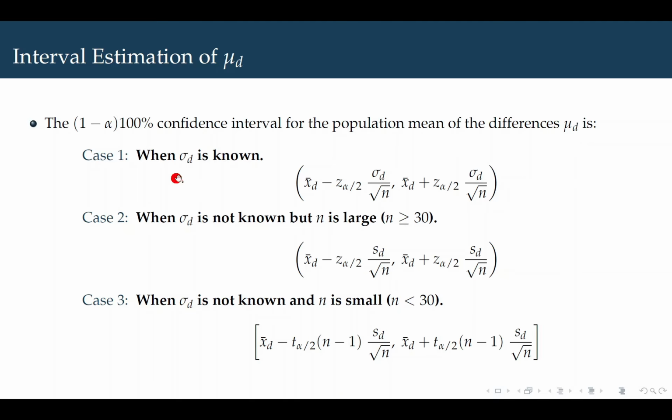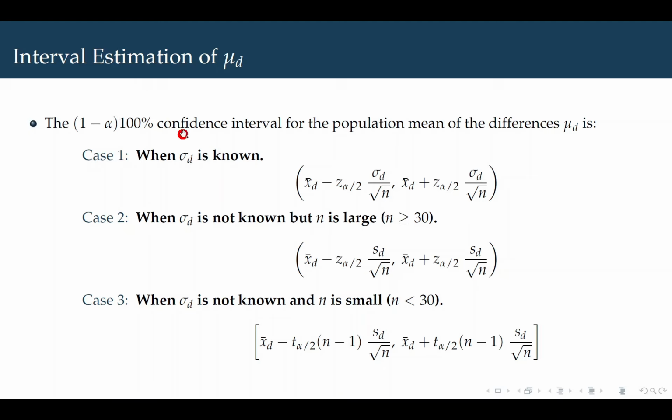If the population standard deviation or the population variance of the differences is known, we can construct the confidence interval as the sample mean of the differences minus z alpha over 2 times the population standard deviation of the differences over root of the sample size. This will be the lower bound for the confidence interval, and the upper bound is the sample mean of the differences plus z alpha over 2 times the population standard deviation of the differences over root of the sample size.